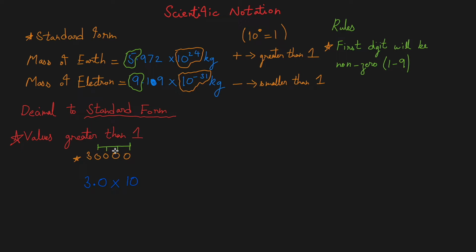We have 4 zeros here, so the total number of digits will be the power of 10, which is 4, so we will have 10's power 4 here.